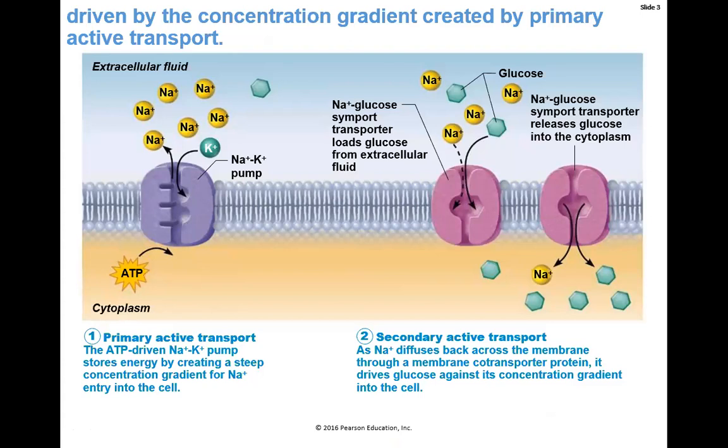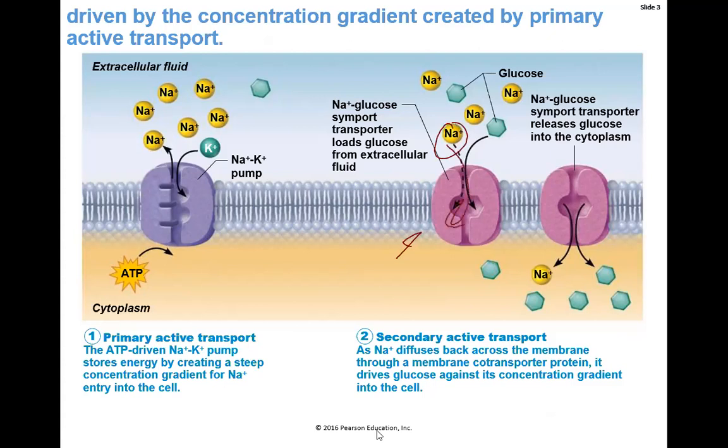But a symport usually shows up in secondary active transport. For whatever reason, when sodium lands on an ion channel that will also hold glucose, when sodium lands on this ion channel here, this channel changes its shape.